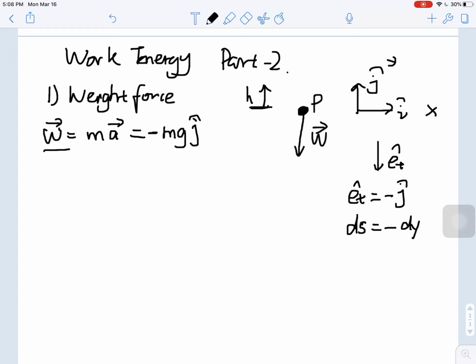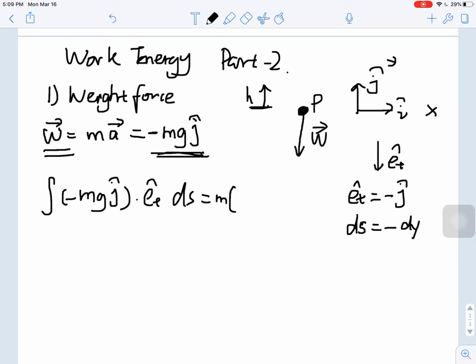Now, let's use this force in the work energy equation: the integral of negative m g j dot e_t hat times ds equals v2 squared over 2 minus v1 squared over 2.